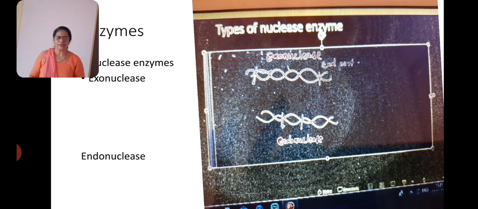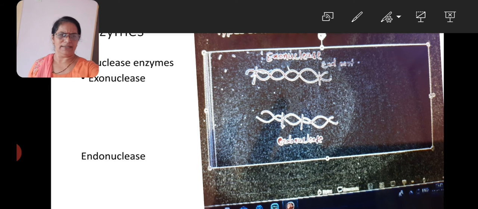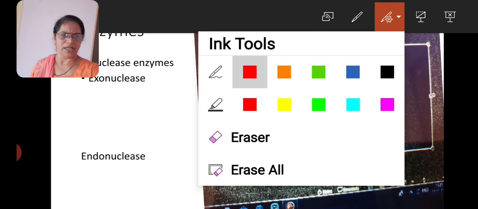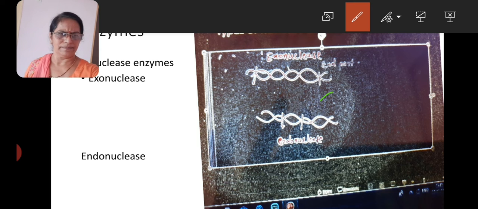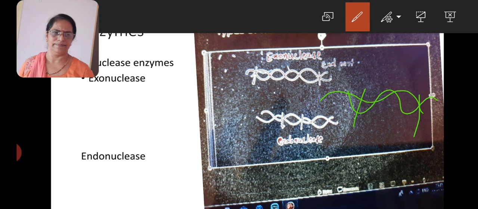And there are two types of endonuclease enzyme or nuclease enzyme. Exonuclease means it cuts the DNA. Suppose this is the DNA, and when it cuts at the end part, then it is called the exonuclease.